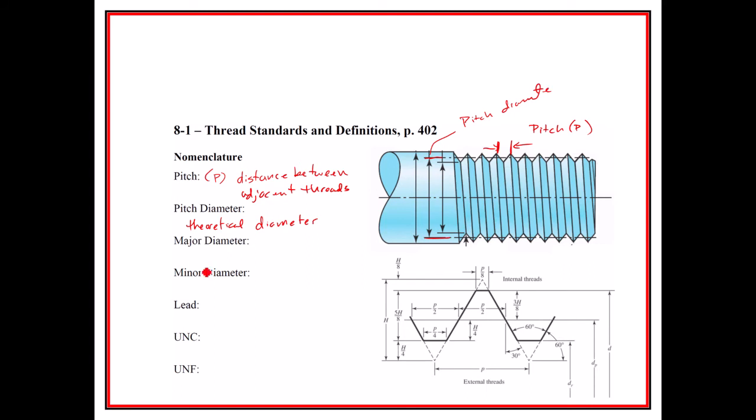Then we have the major diameter. Okay, so that is a real one, and that's usually, but not always, the shank. Generally speaking, it's the stock that the thing was made out of. There originally was this stock cylindrical rod, and that's going to be the outside and the largest diameter.